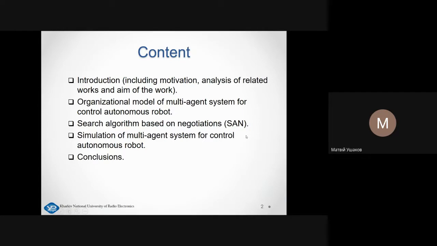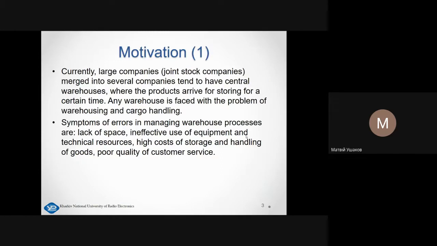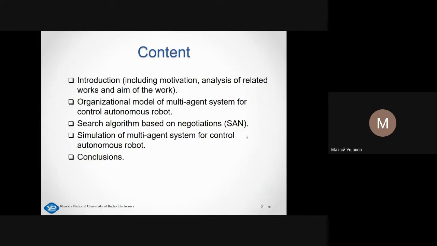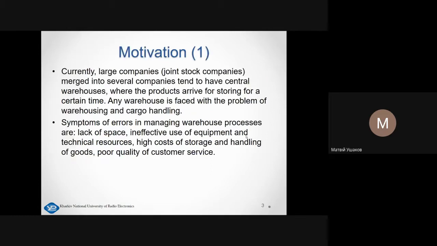The content of this presentation is: introduction, including motivation, analysis of related works and the aim of the work; organizational model of multi-agent system for control of autonomous robots; search algorithm based on negotiations; and simulation of a multi-agent system for control of autonomous robots, and conclusions.